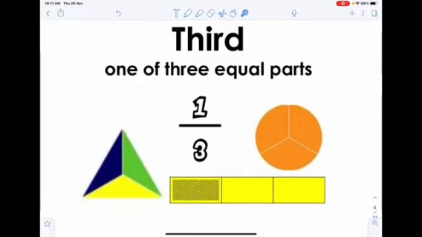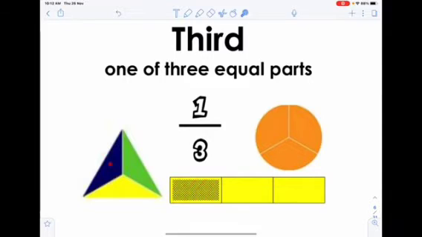Now this one as well. We have 1 by 3. 1/3 or 1 by 3 is represented like this: the whole thing is divided into 3 equal parts, and out of that I am considering only 1. So that is the reason I represent it as 1/3 or 1 by 3.